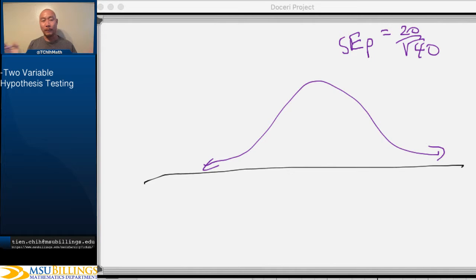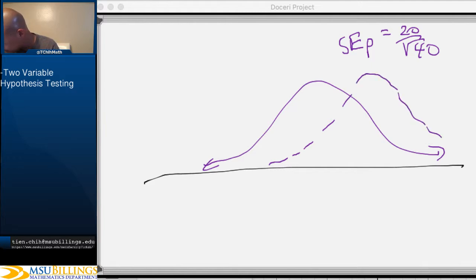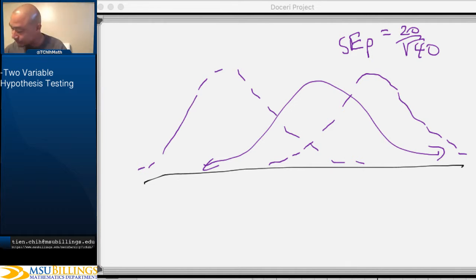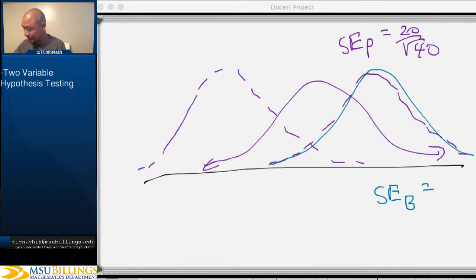Now, of course, the whole point is that we don't actually know the mean, right? We don't know what the actual average weight of purple microelephants here is. So I have an example of a curve, but it could be something like that. It could be something like that, right? And then with blue microelephants, they too are a normal distribution, and their standard error for the blue microelephants is 10 over square root of 35, right?